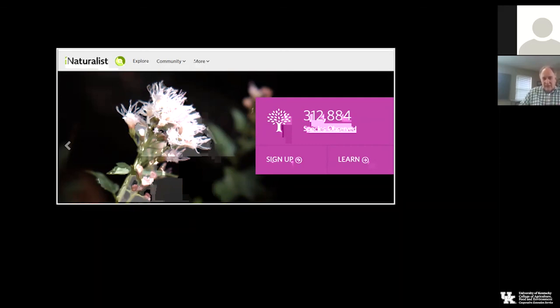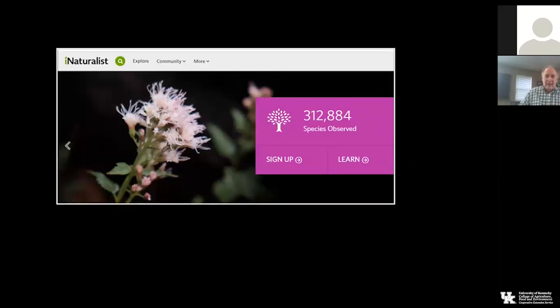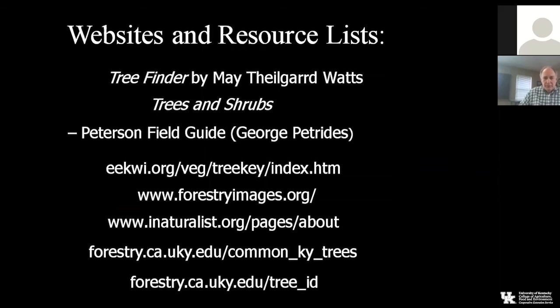I didn't see if it identified the correct one, but it usually gets you very, very close. 9 times out of 10, it gives you the exact one it is. I was a non-believer in this until about 3 years ago when somebody showed it to me and I used it. Unbelievable. iNaturalist, and the resource location is coming up. But take a look at it. It's very, very interesting, and it will help you in identification.